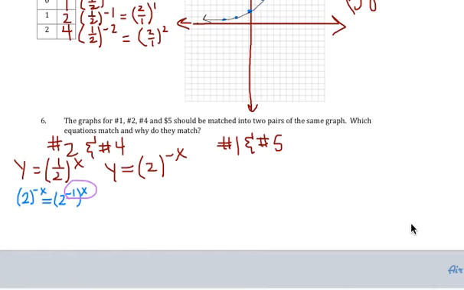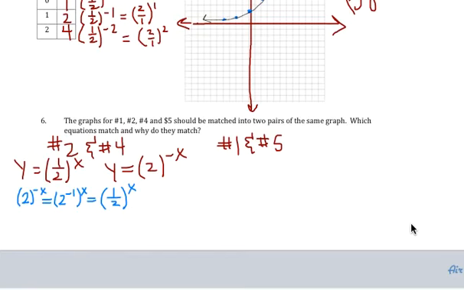Okay, so I can take it and break it apart like this and write it this way. And then when we do that, we know that 2 to the negative 1 is written as 1/2, right? With the x outside, which is the other function now. See how you move from one function to the next? They're the same function because of the rules with exponents, negative exponents. Okay, so keep that in there.